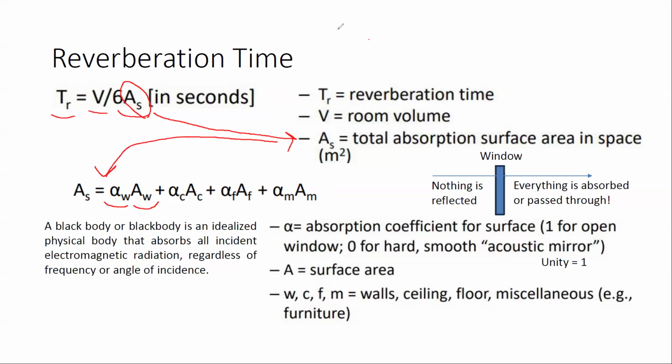So this will be the alpha of the door multiplied by the surface area of the door because it's on the wall, plus the alpha of that poster, whatever that alpha is going to be, multiplied by the surface area, plus the wall coefficient for the wall, plus the surface area of the wall, and so on.